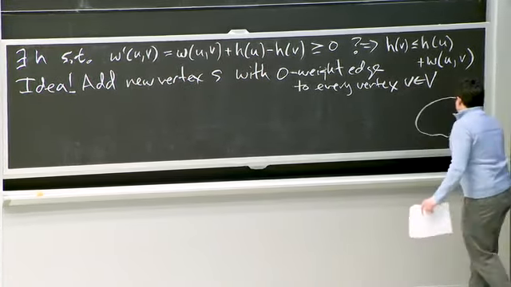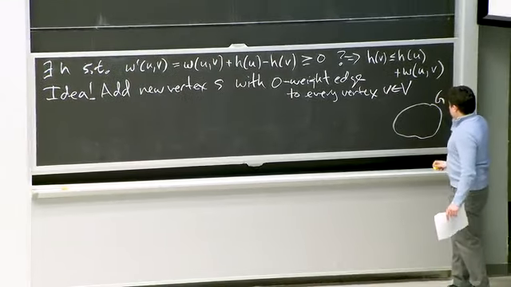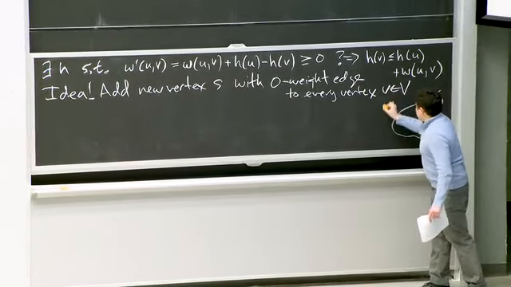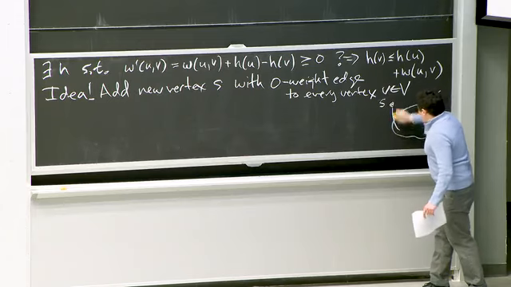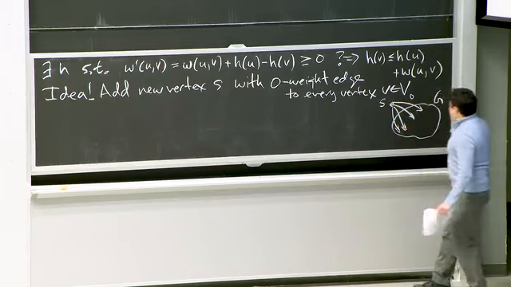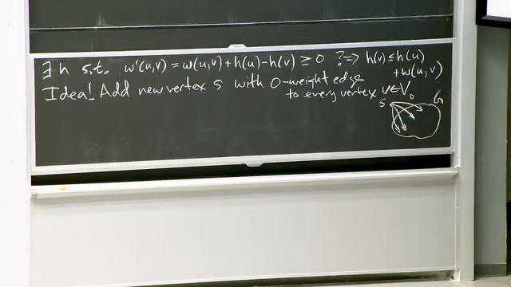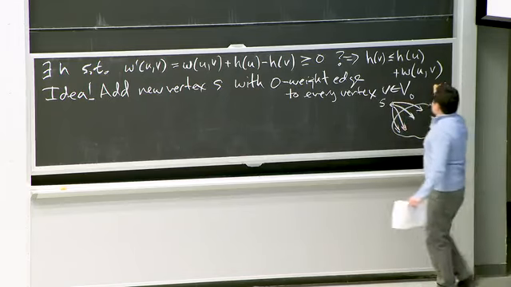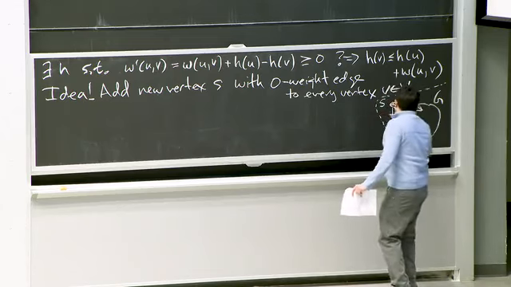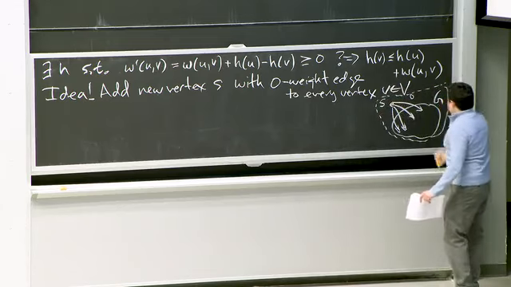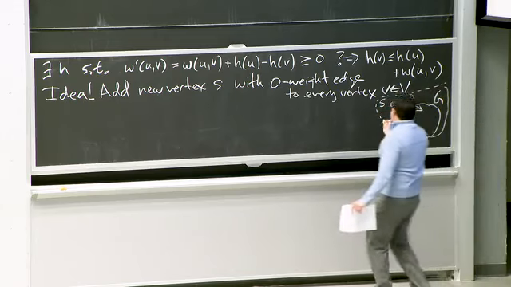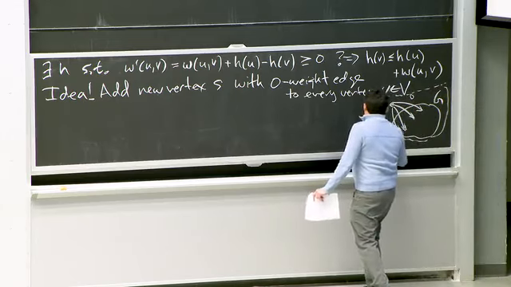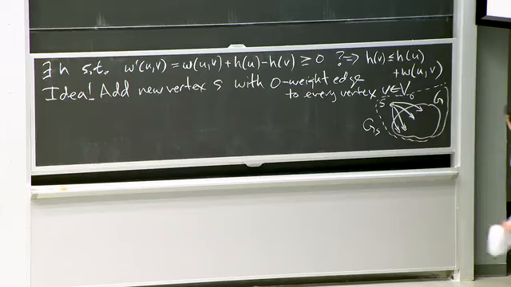There's my original graph, and now I have this vertex S, but it has directed edges into all of the vertices with zero weight. That's our picture. I'm going to call this my G_S graph now.